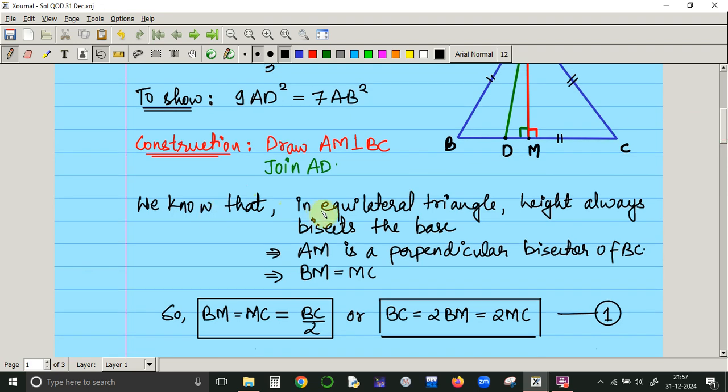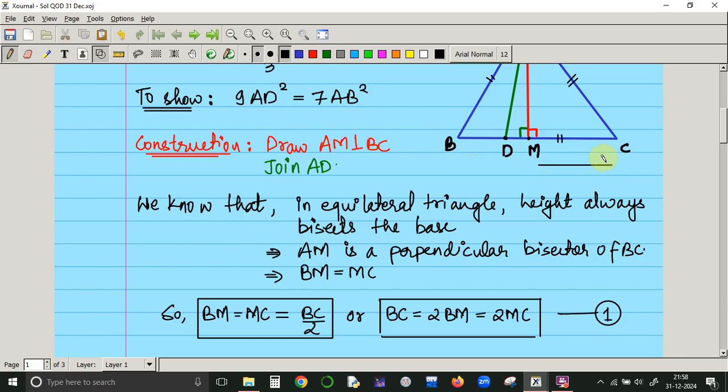Now we know that in an equilateral triangle the height always bisects the base. We can prove this by showing the two triangles congruent, but I am assuming this directly. So AM is perpendicular bisector of BC, which implies BM is equal to MC. M is the midpoint, or we can say that BM is half of BC.